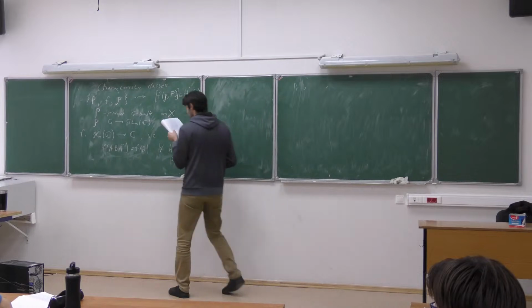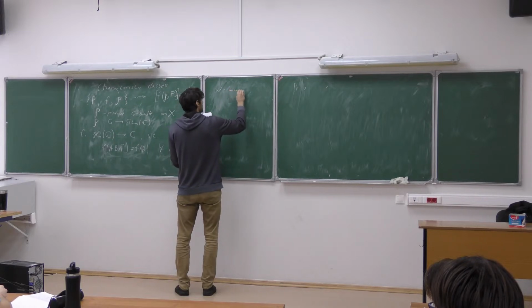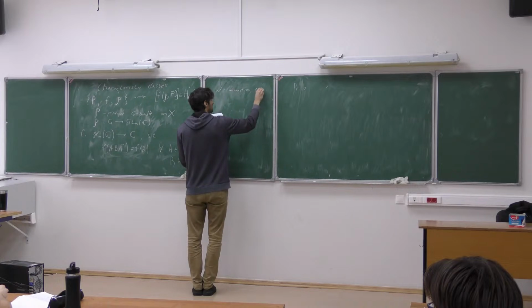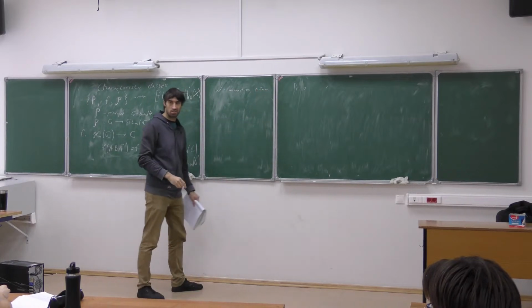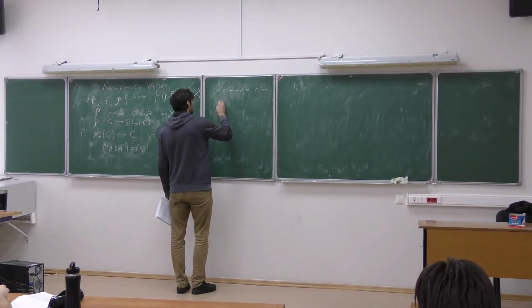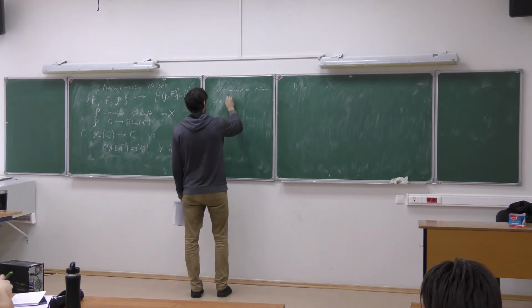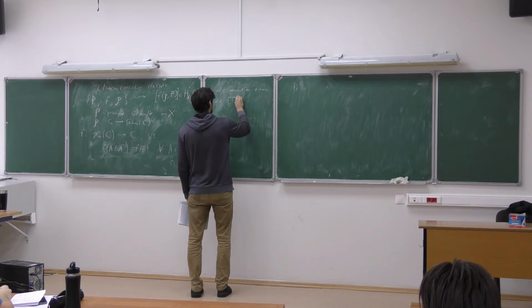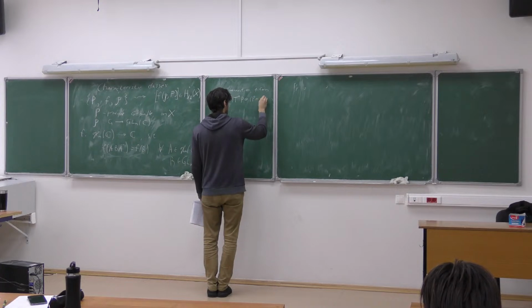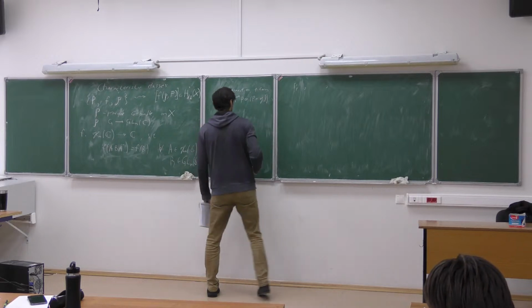Okay, so let omega be a connection one form in the sense that we just discussed. So a principal connection. So it means that it lives inside Gamma of T star P tensor the Lie algebra G.